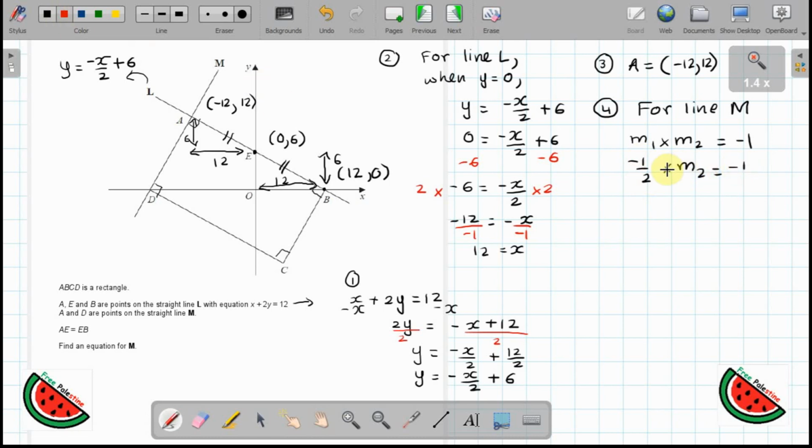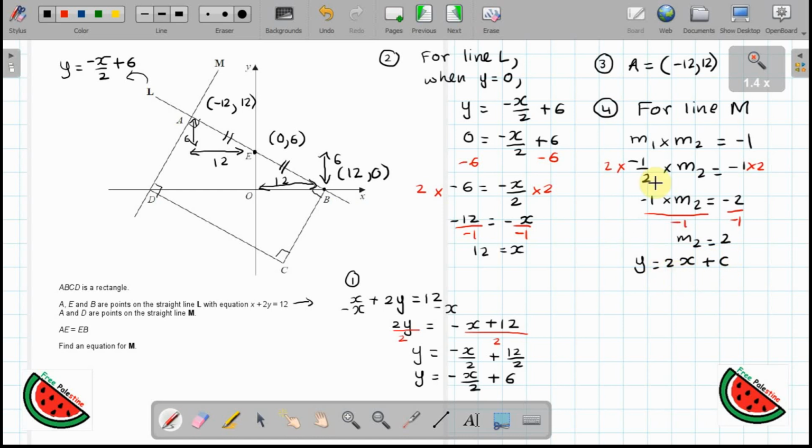So I multiply both sides by 2 to give me minus 1 times m2 is equal to minus 2. Divide both sides by minus 1. m2 is equal to 2. So the equation is y equals 2x plus c.